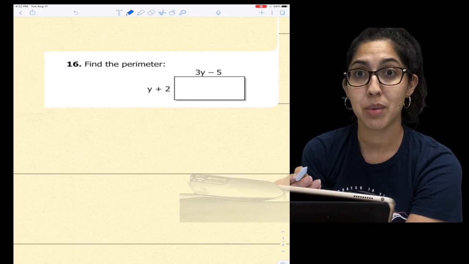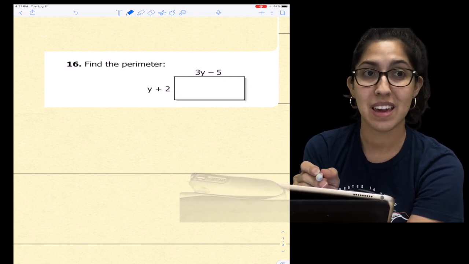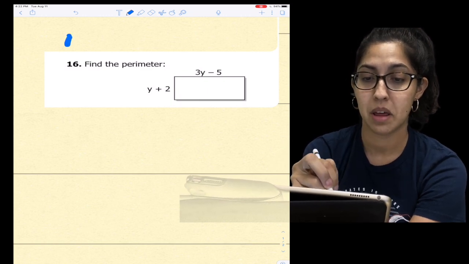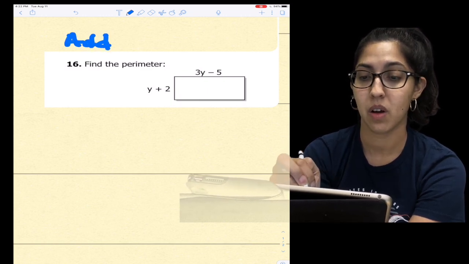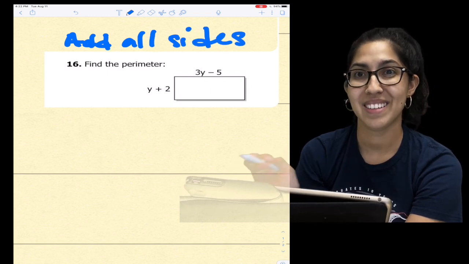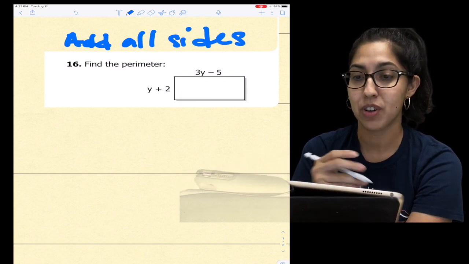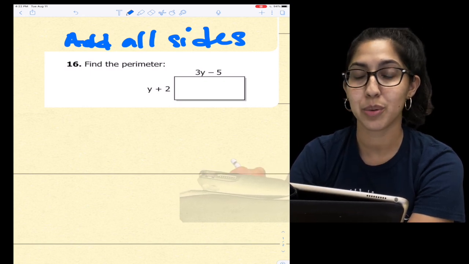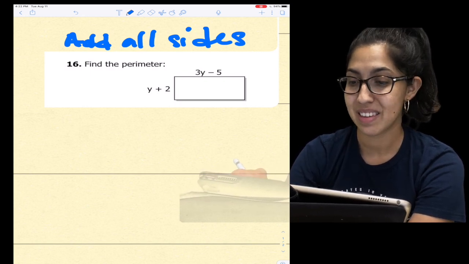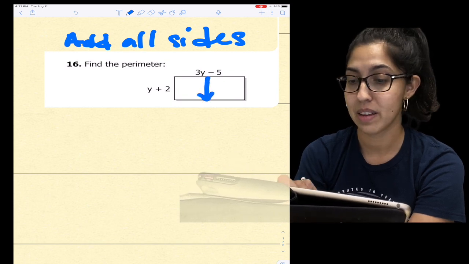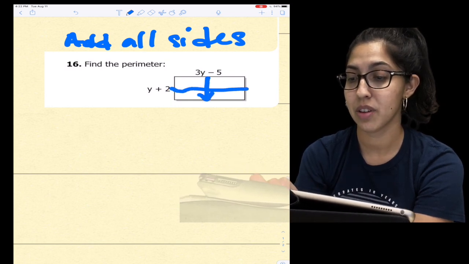So we're gonna find the perimeter. So perimeter is where I'm gonna write it right here, add all sides. Okay, so we're adding all the sides. So first thing that you see you're missing is 2 sides, but if we know rectangles, which we do, that this top side is this side over here, and this side is also this side.